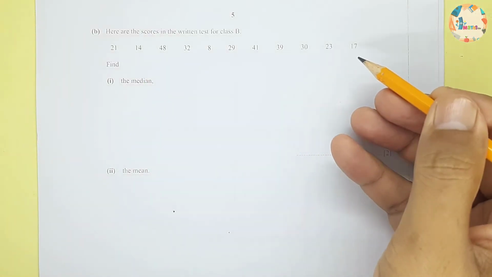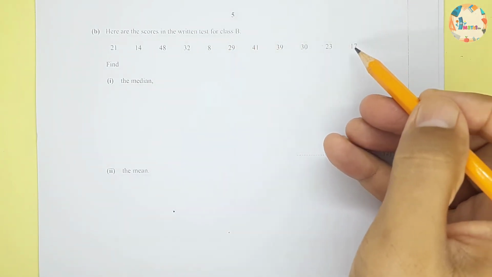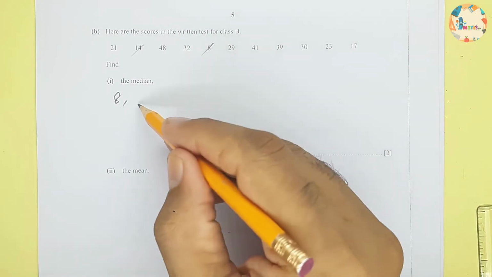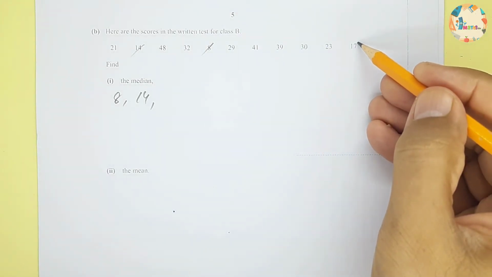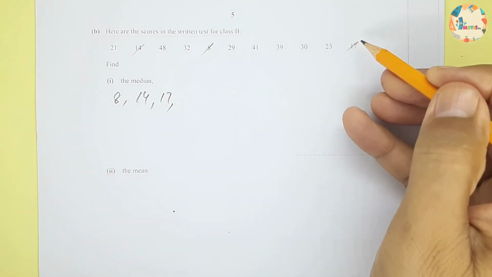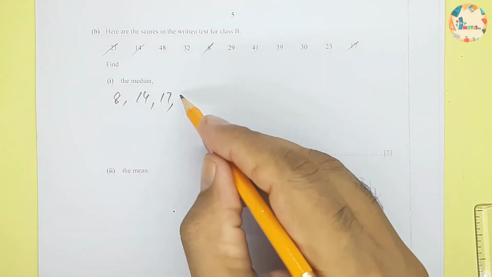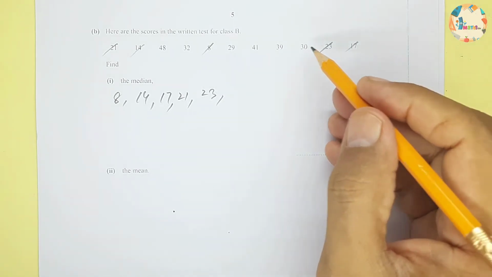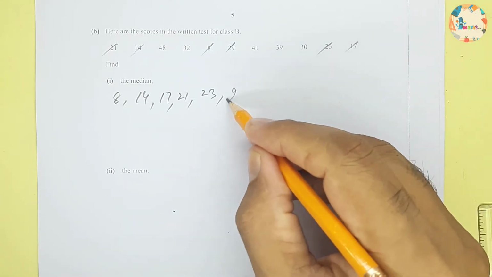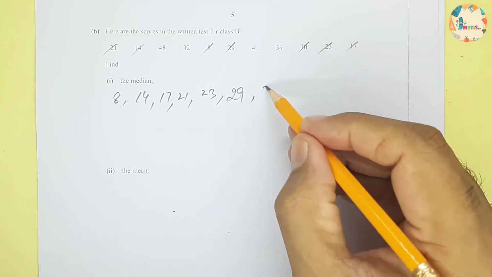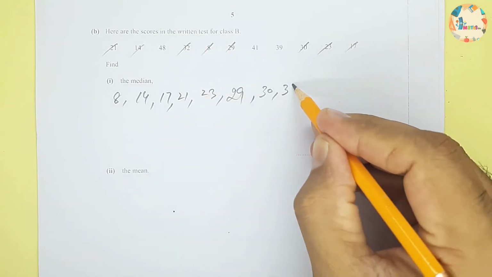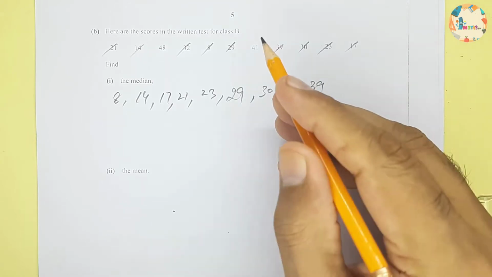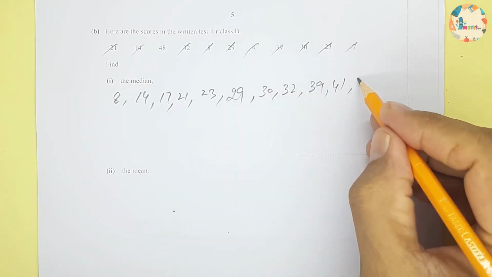So we will be arranging, we can take 8, which is the lowest, then 14, then 17, then 21, 23, 24, 29, 30, 31, 32, then 39, then 41, and the last one is 48.